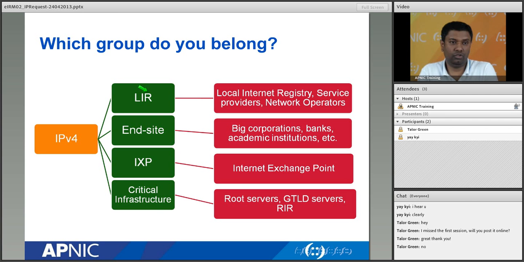Okay, so initial delegation requirement. Since APNIC is now in the final /8 policy, by default you'll be given a /24 delegation. By default you'll be given as little as a /24, not less than a /24.